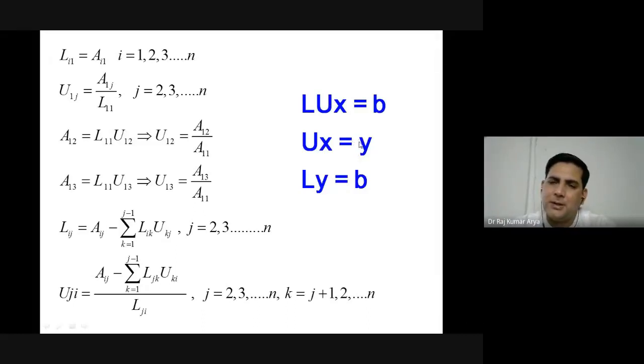Once your Y is calculated, you can calculate X easily, again by back substitution. So this is also another way. I want you to choose any one of the methods. Practically, first solve one question from all of them, and you should have expertise in at least one.